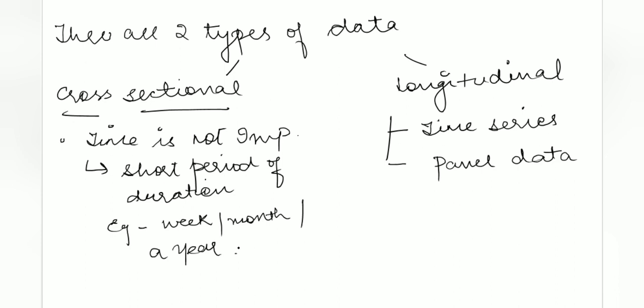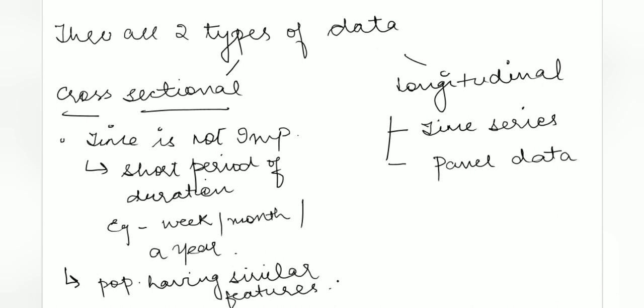It is calculated where the population has similar characteristics or similar features. Cross-sectional data is collected from the population at the same time, or by observing certain subjects at the same point of time. It's not about calculating for 1 month and for the next month or for the 12th month or 10th month. No, it's for the same time.